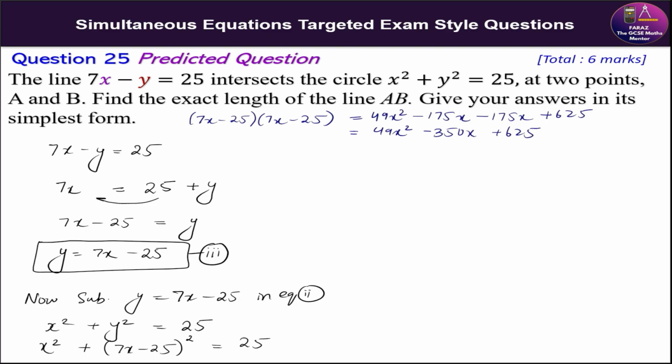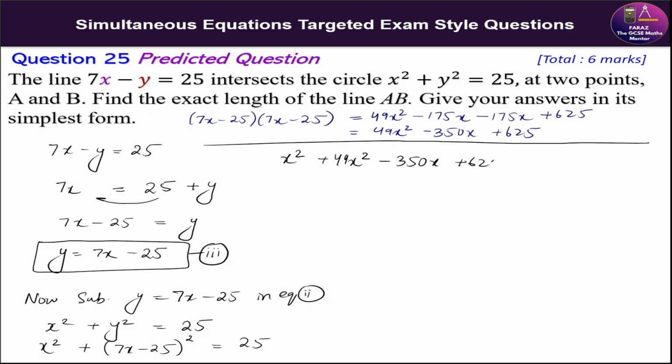From this step, x square plus 49x square minus 350x plus 625 equals 25 on the right hand side. If you simplify it further, x square plus 49x square is 50x square minus 350x plus 625.